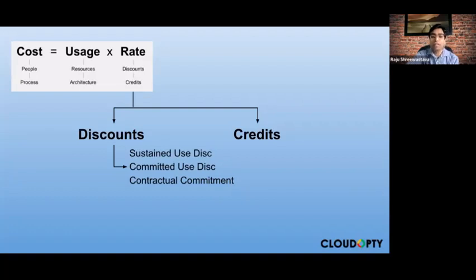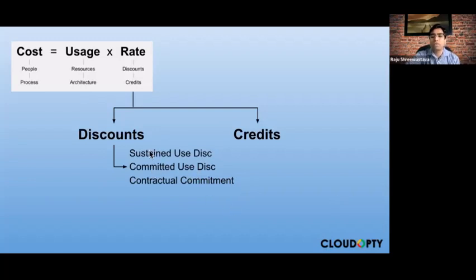But obviously, you have to be cautious. It's the same thing as housing. Are you going to stay in that house? Are you going to use this resource for 1 year? What if you change your architecture and you no longer need these kinds of resources? You want to change your architecture to a different kind of storage capability and so on and so forth. So you have to be careful and plan, but you can get huge discounts.